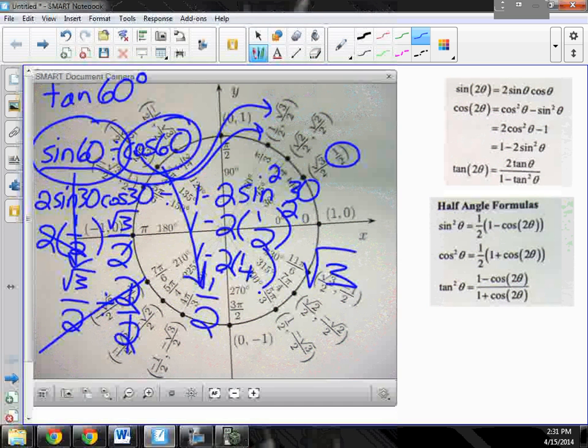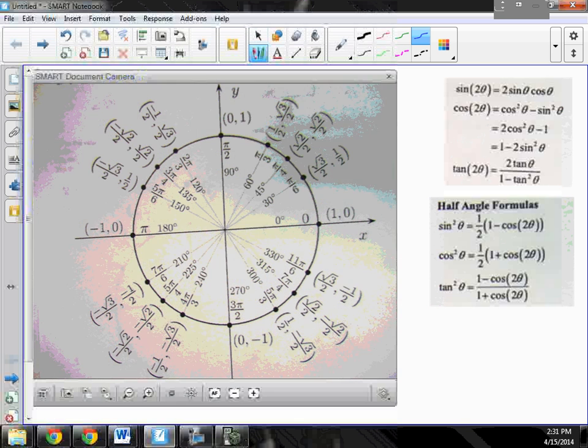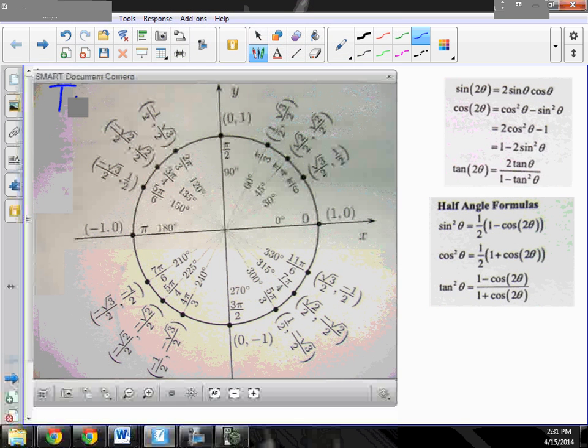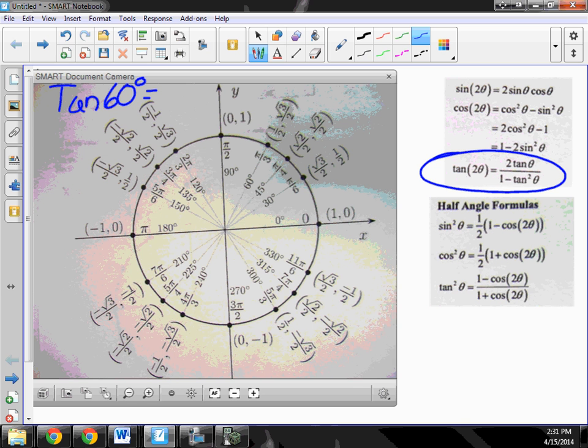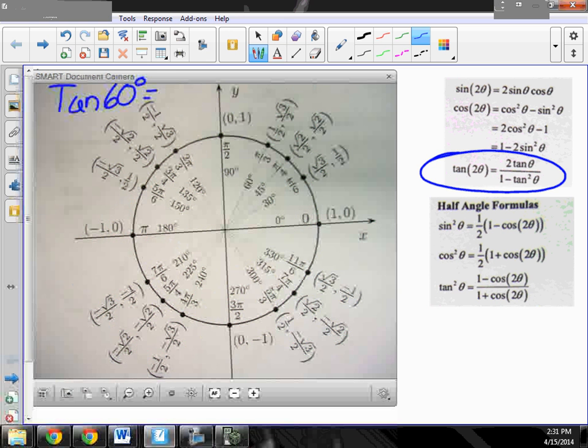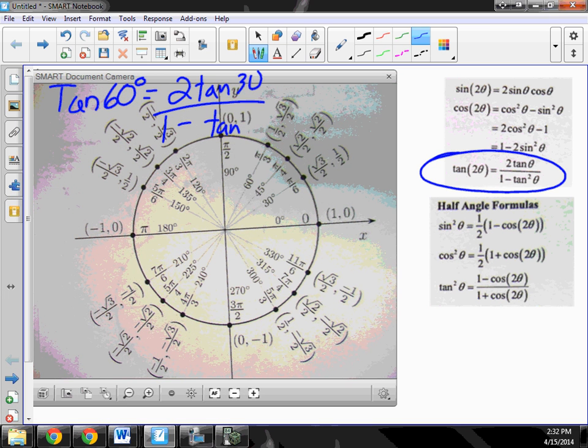Now let's use the formula. So, tangent of 60. So the double angle formula requires us to find the tangent of what angle? Of 30, because 60 is double 30. So 2 tangent of 30 over 1 minus tangent squared of 30.